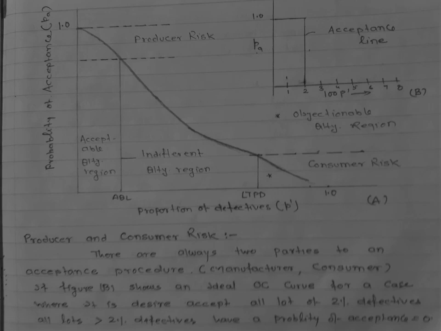So this is the operating characteristics curve. On the vertical side is the probability of acceptance, Pa, and on the horizontal side, the proportion defective, p dash. In this curve, these vertical lines are AQL and LTPD. To the left of AQL, this region is named the acceptable quality region.